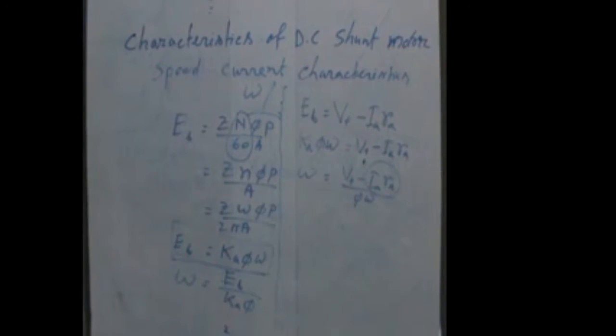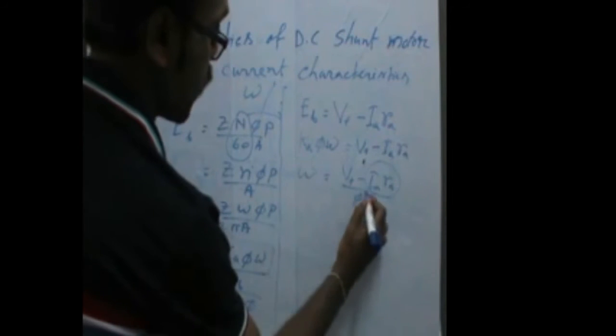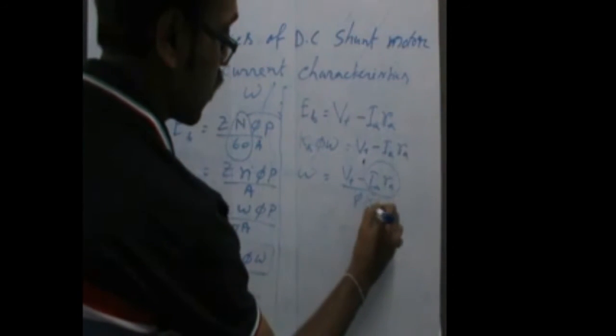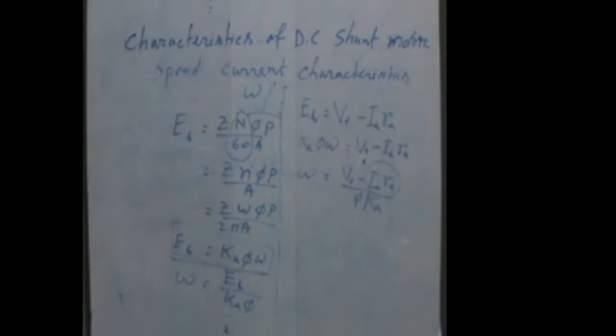So hence speed, in this equation, this is not omega, this is Ka. If we increase Ia, then the numerator will decrease. That means our omega, that is the speed of the shunt motor, will decrease.